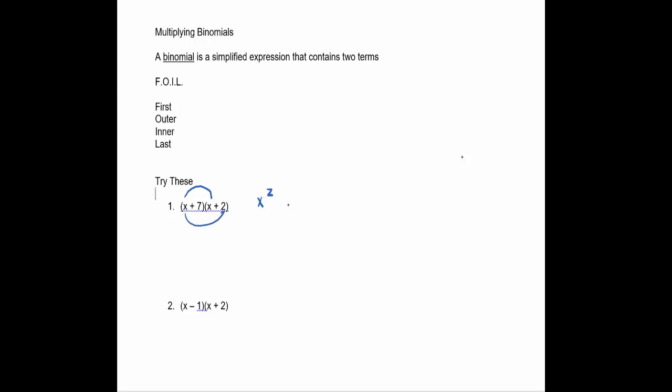So x times 2 is 2x. On the inside are 7 and x. So 7 times x is 7x. And then the last term in each parenthesis, 7 times 2, is positive 14. You always want to end by combining your like terms. 2x plus 7x is 9x.